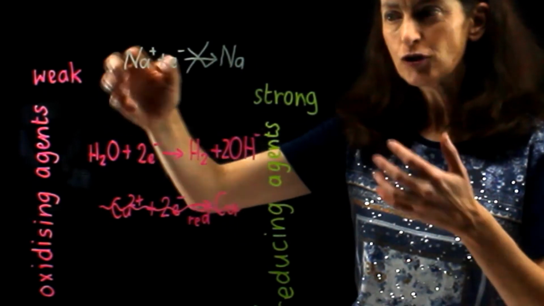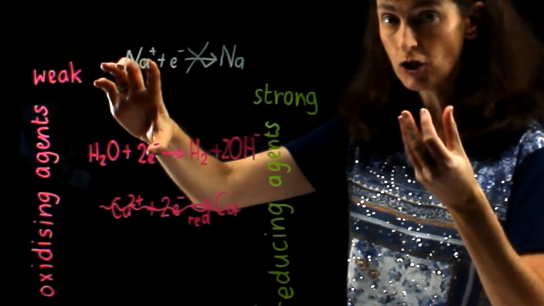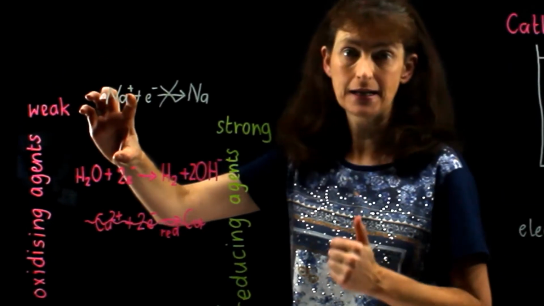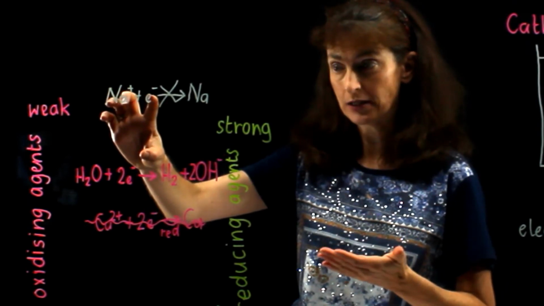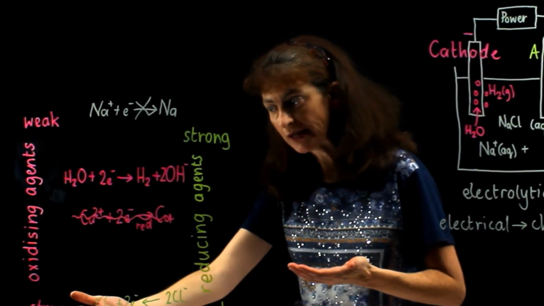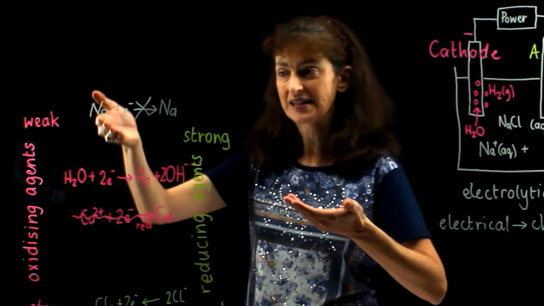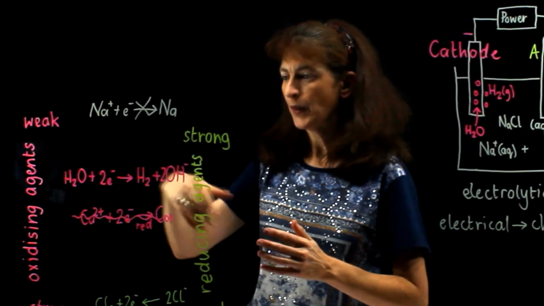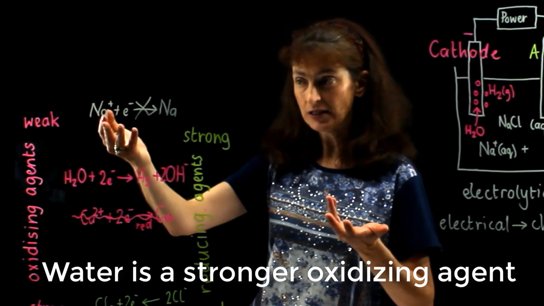So these two potential half reactions are reduction, and therefore the two potential reactants are potential oxidizing agents. And the stronger one will be the oxidizing agent. So we see water is lower down here on the left, meaning that it is a stronger oxidizing agent than the sodium ion. So you will answer by saying water, H2O, is a stronger oxidizing agent than Na+.